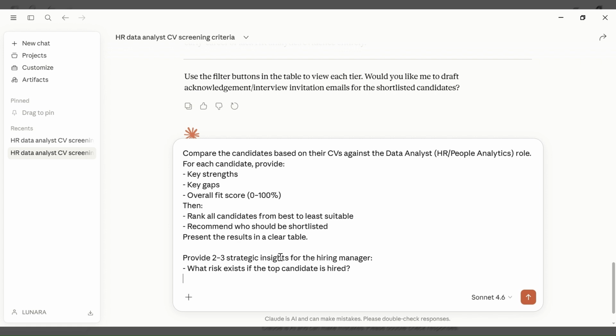Then further, we are giving it an instruction to provide us with any risk that could possibly be associated with any of the top candidates that it shall recommend. Let's go ahead and give the prompt.